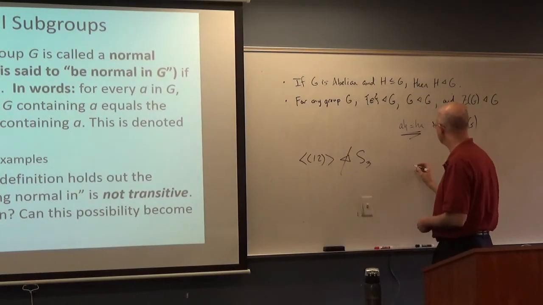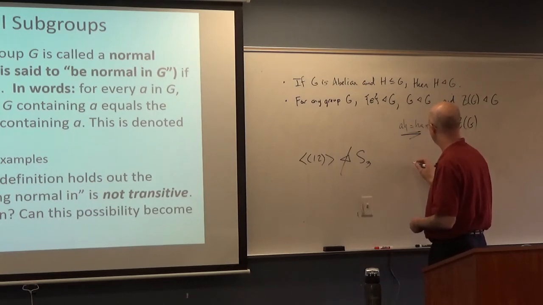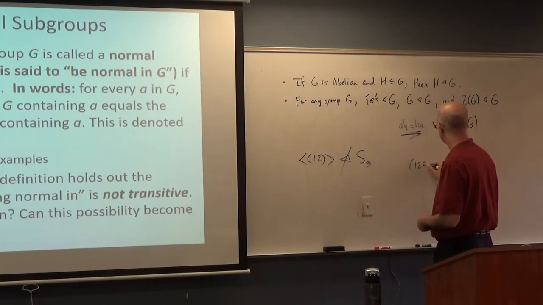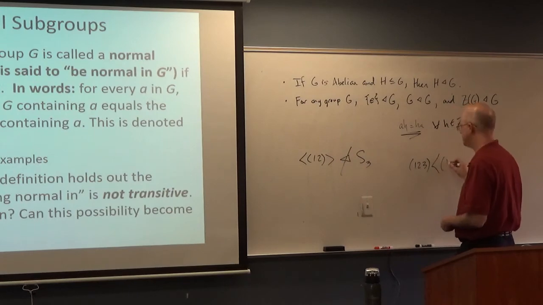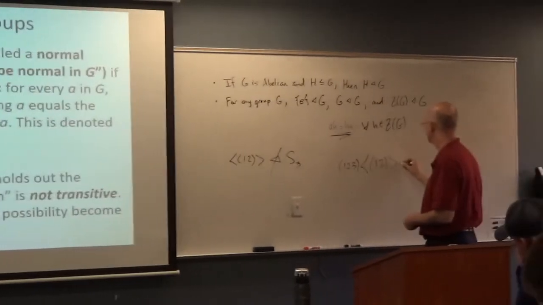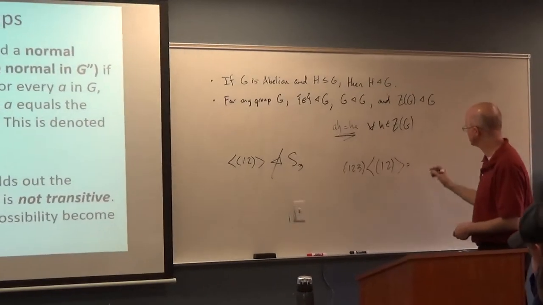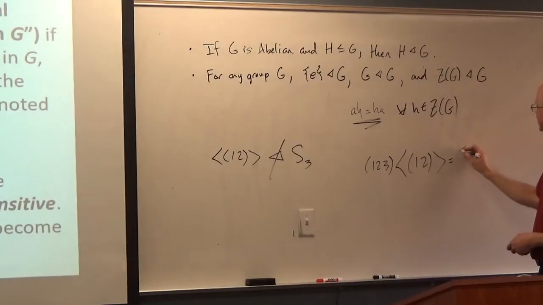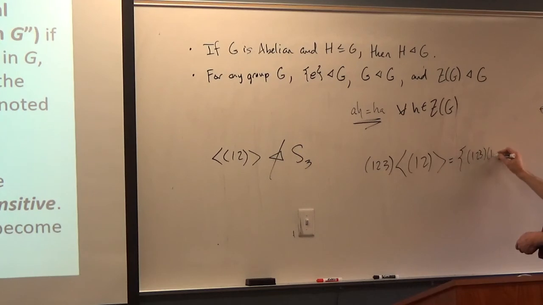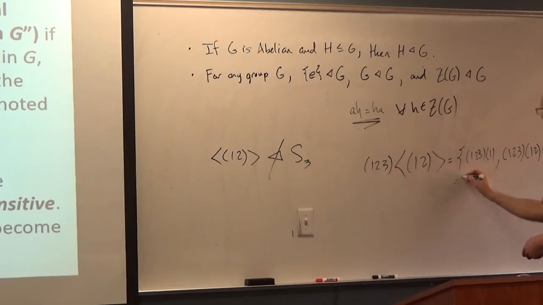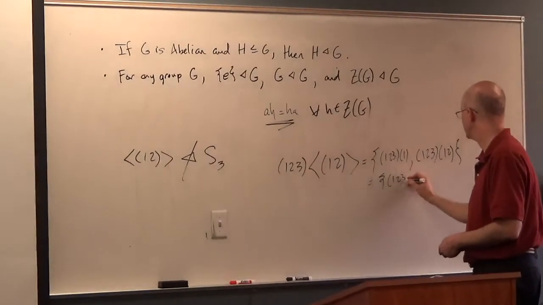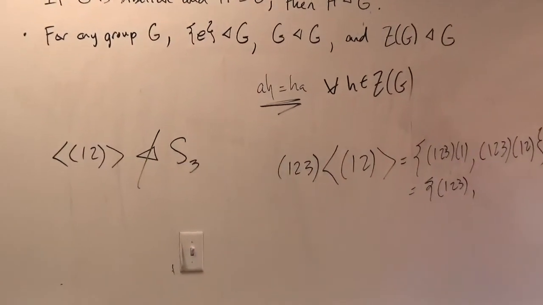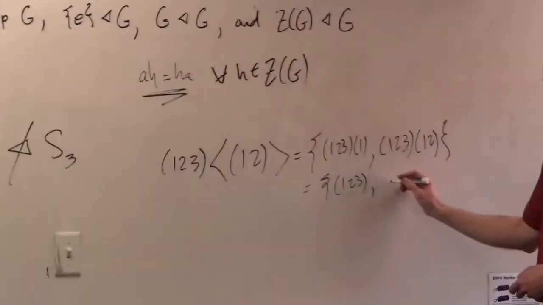Well, for example, if you look at the left coset (1 2 3) with this subgroup, as a set it's going to consist of the products of (1 2 3) with the identity and (1 2 3) with (1 2). That will give you (1 2 3). The left coset containing (1 2 3) really does contain (1 2 3).